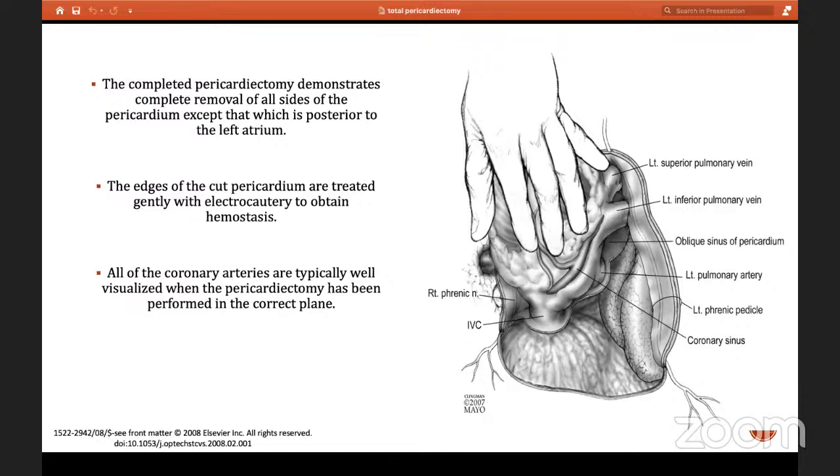So it's better to remove it. If you cannot remove it, you have nothing else to do. You have to bite the bullet, accept what you did. But if you remove it all, it's a good prognosis. If it's still there, it might have some restriction on the heart.